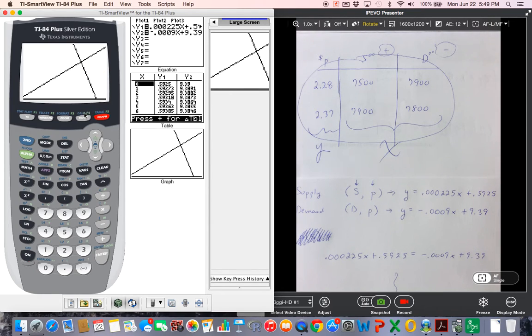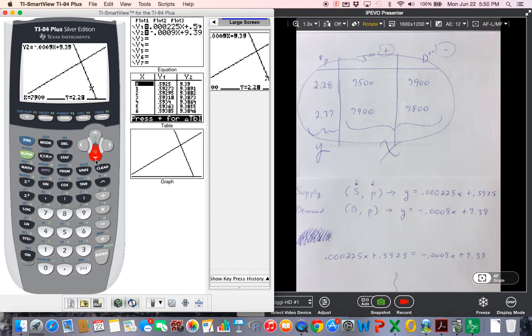This is not really needed to solve the problem, but I can go into value, and see what happens when I put in, for example, 7,900. Notice it's $2.37 for the supply.